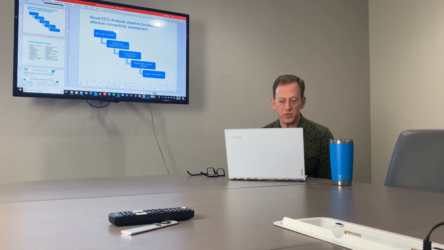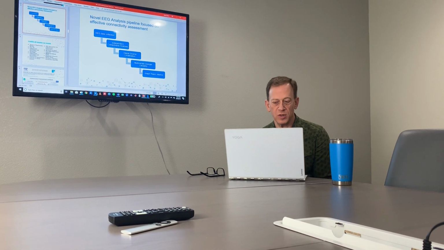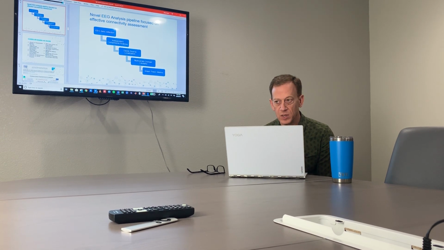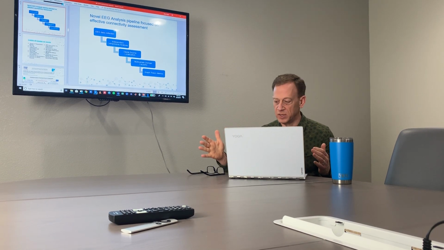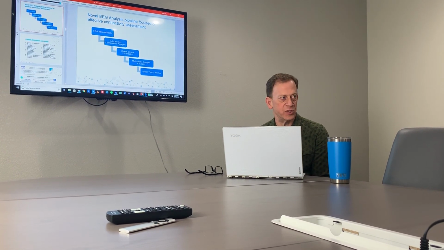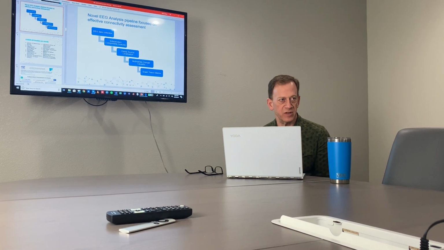We then take all of those dipoles and enter them into what's called multivariate Granger causality analysis, which is a sophisticated statistical measure of connectivity, and specifically effective connectivity, which tells us that what happened at point A is actually causing what happened at point B, and vice versa. And then all of that is entered into what are called graph theory metrics, which are metrics of regional connectivity that you can look at across different locations.